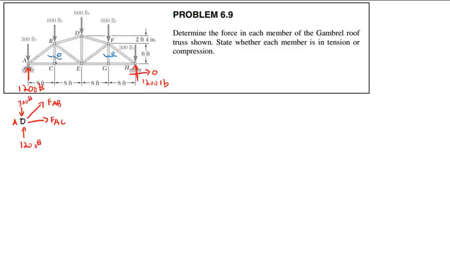Yeah, I'm not having that there. Oh, okay. But yeah, it's going to be the same force in this one and this one. Anyway, so my force triangle. Hey, look at this. 6, 8. We got a 3, 4, 5 triangle.